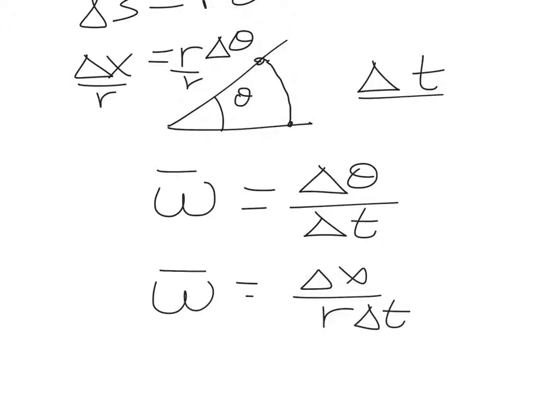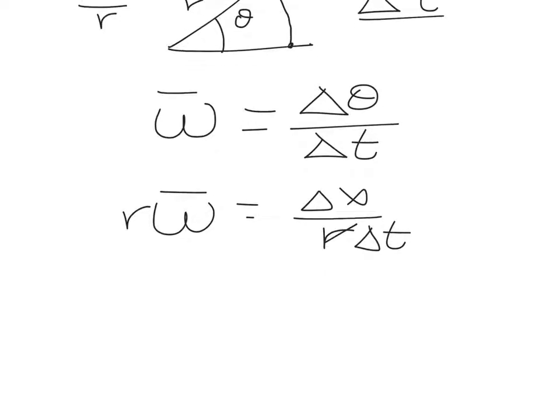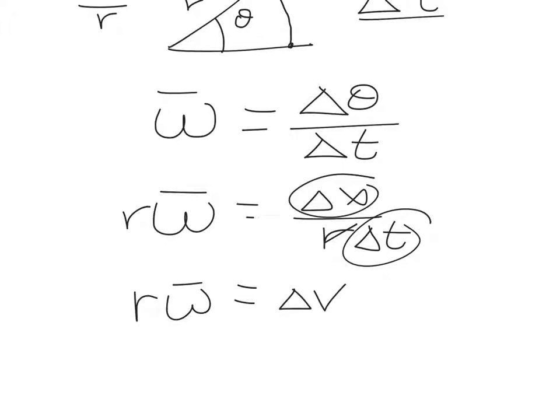I'm going to move the r to the other side, just multiply it. So look what I'm getting. I'm getting that r omega equals delta x over delta t. Well, that's a linear velocity. So that's a delta v.